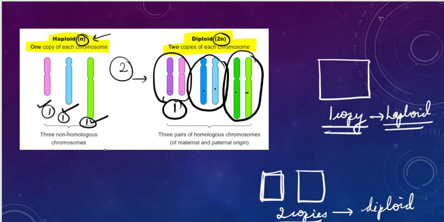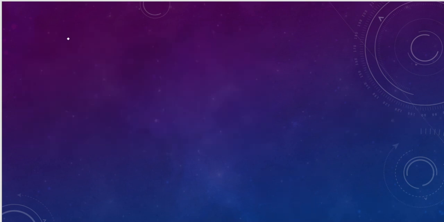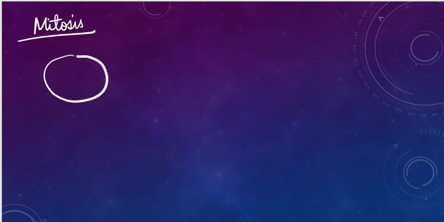Now I will come to the topic I wanted to talk about, mitosis and meiosis. I will cover the basic part, but in the upcoming lecture I will go into depth. See, in mitosis, suppose I am taking a diploid cell, and this diploid cell divides into two cells.